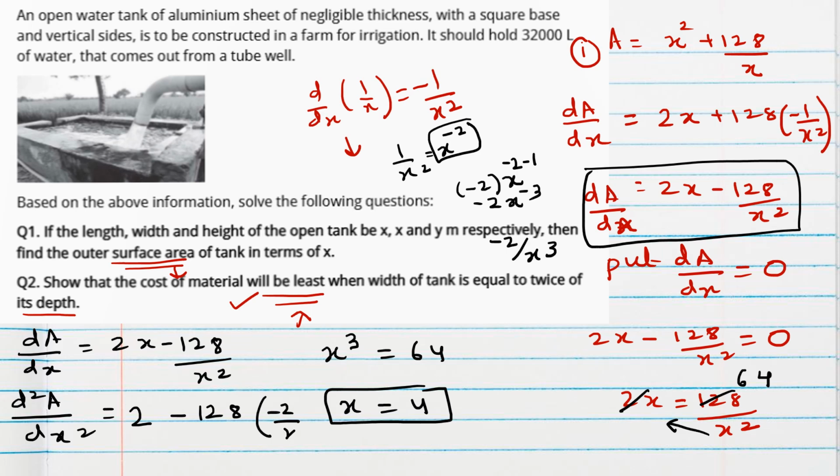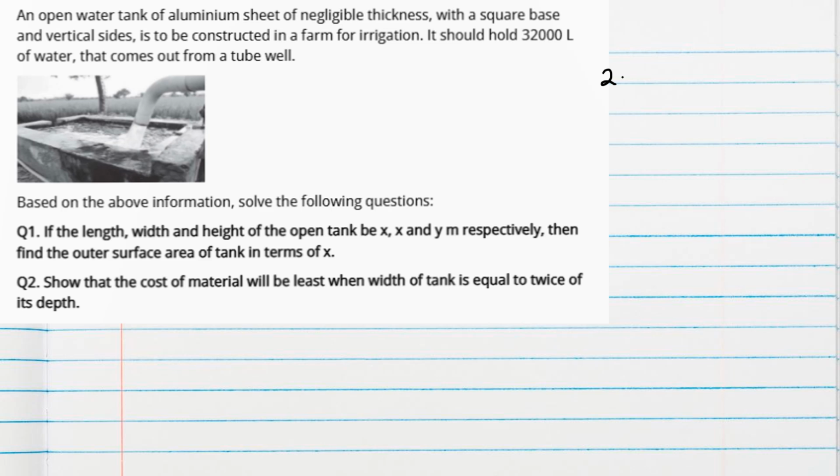So minus 2 by x cube we will write. So it will become 2 plus 128 into 2 will be 256 by x cube. Fine. So now we got 2 plus 256 by x cube as our double order derivative.